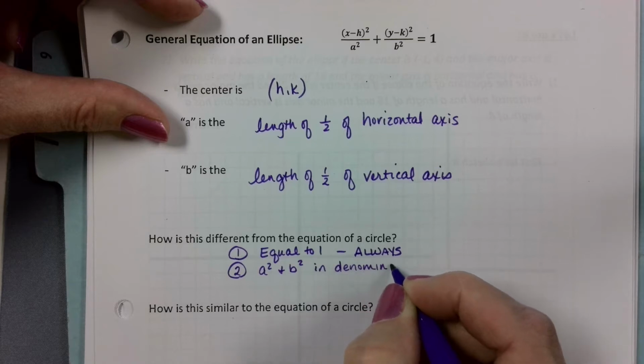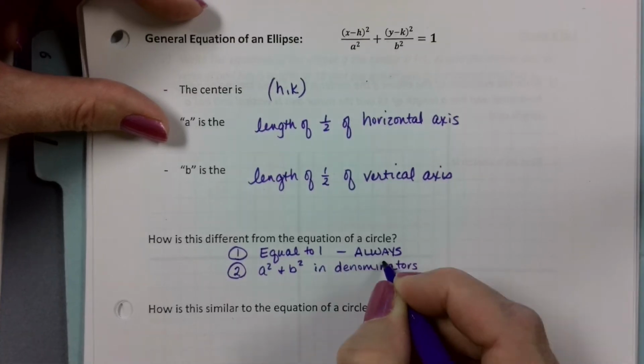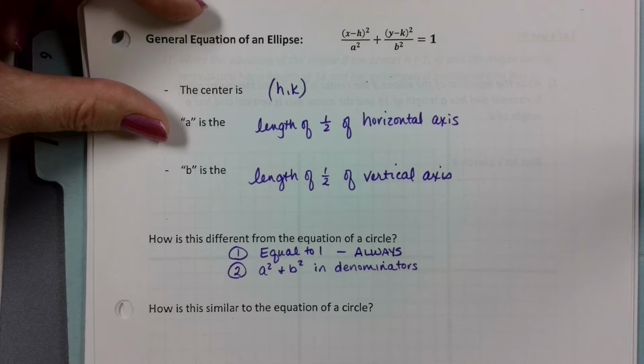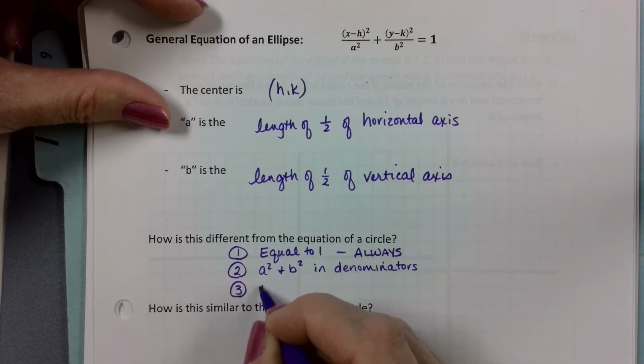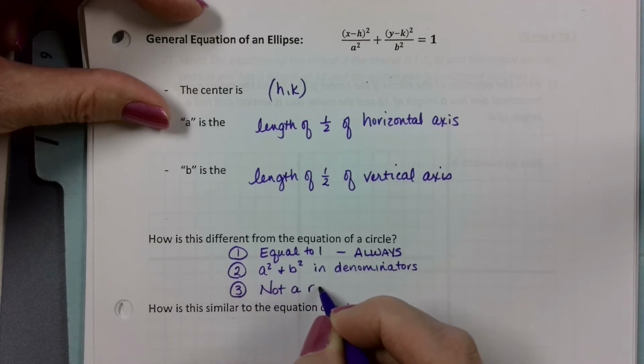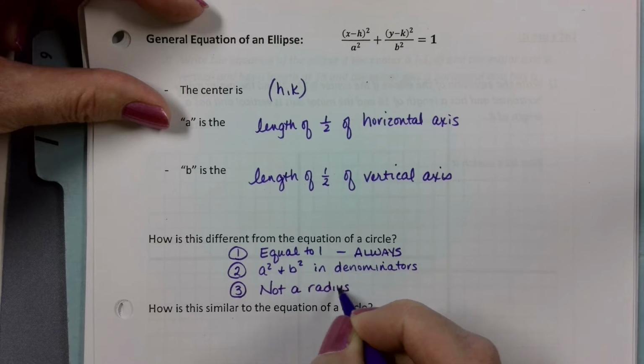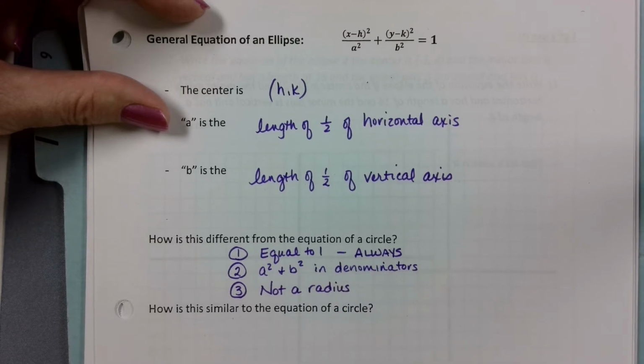We don't have those at all on a circle, right? And there's not a radius with an ellipse. There's a radius with a circle, but there's not a radius with an ellipse.